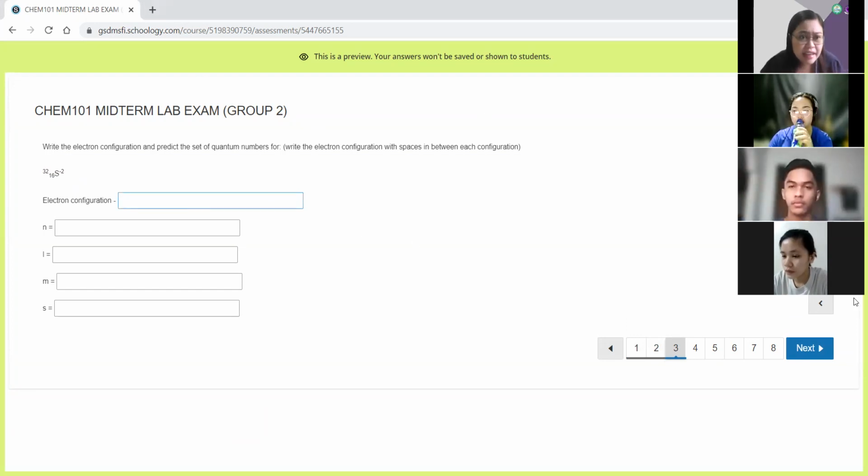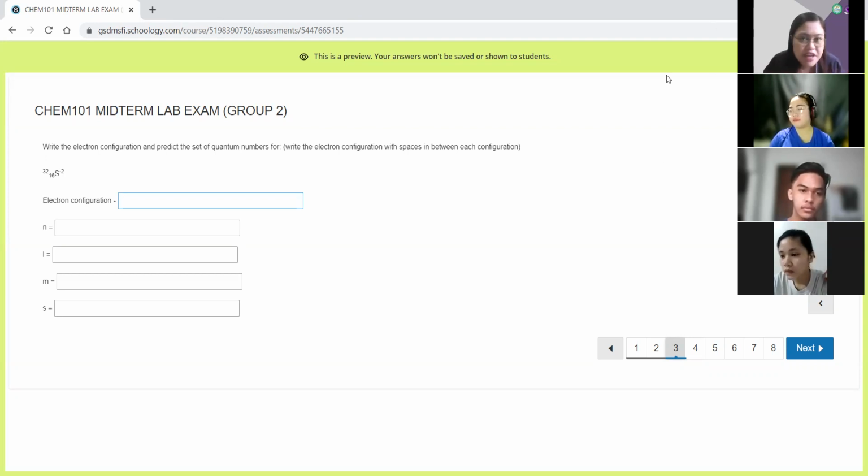Now write the electron configuration and predict the set of quantum numbers for sulfur -2. So take note of the instruction, write the electron configuration with spaces in between each configuration. So dapat may spaces ka ha between, example, 1s2 and then 2s2, may space in between kasi mamalian yan siya ni Schoology.